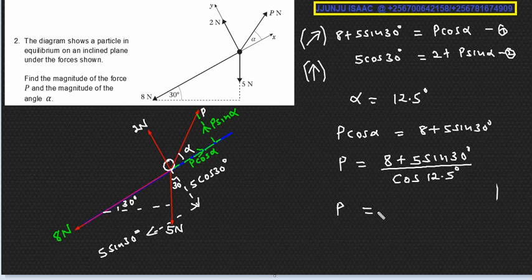So when you press the calculator, the P should give you 10.8 to three significant figures. So that is how we solve this number.